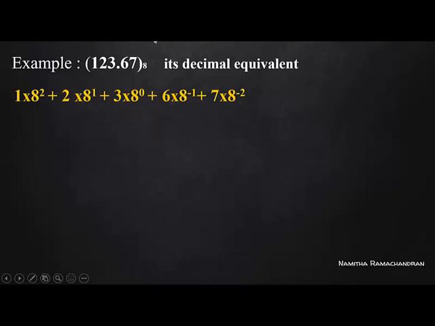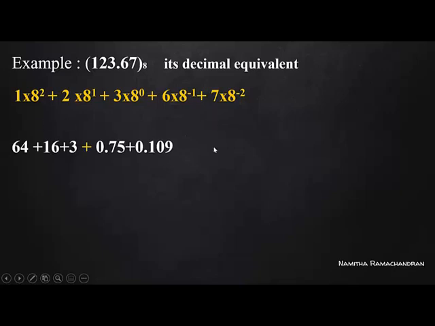And the positional value of this one is 1 into 8 square. Plus, now consider the fractional part. The 6 is present just after this decimal point, so its positional value is 6 into 8 to the power minus 1, or 6 by 8. And for 7, its positional value is 7 into 8 to the power minus 2, or 7 by 8 square. Right?